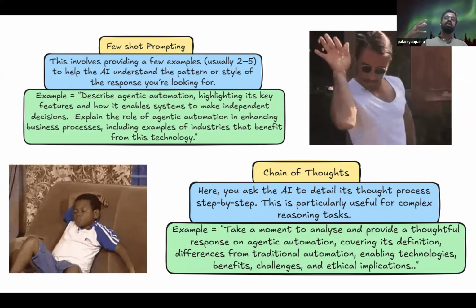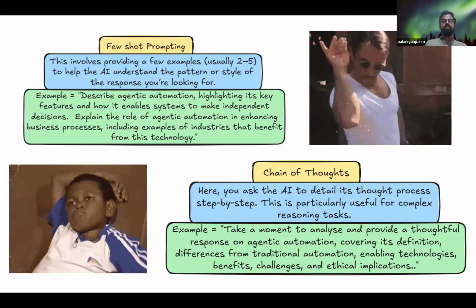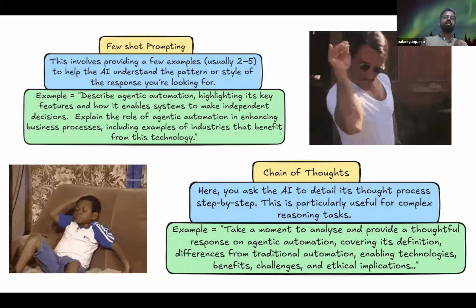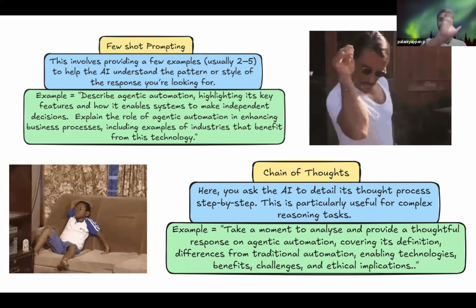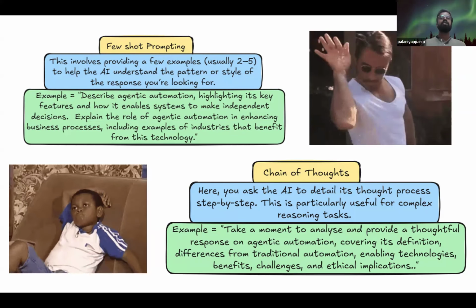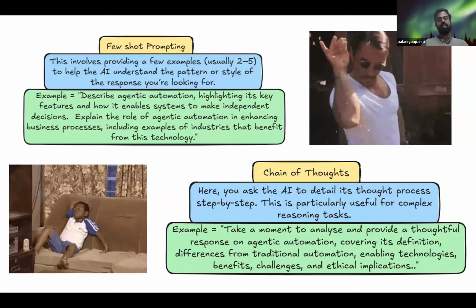You're adding more information about what you need from the LLM, so it knows you don't just want what agentic automation is, but these details too, so it can correlate and give you a proper response, which will be more informative and effective.